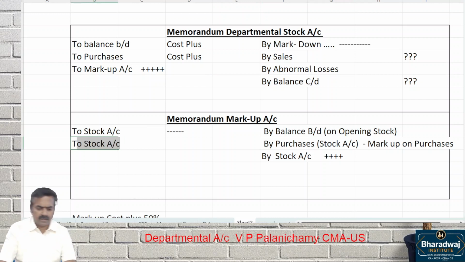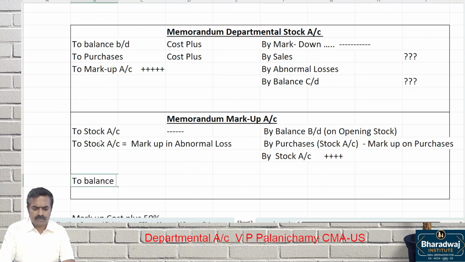The same thing we record to the stock account. This is nothing but markup on abnormal loss. This is markup on closing stock.